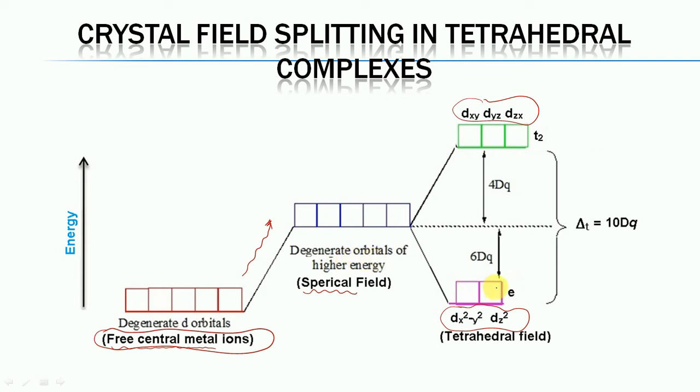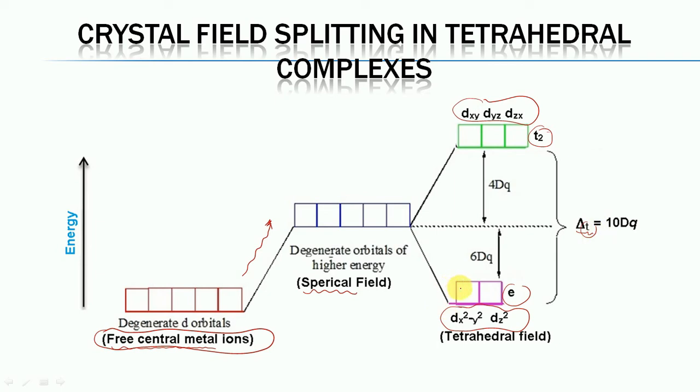So the magnitude of crystal field splitting between these two sets of orbitals, T2 and E, is designated as delta T. The subscript T indicates tetrahedral, and it is also measured in terms of Dq, equal to 10 Dq.